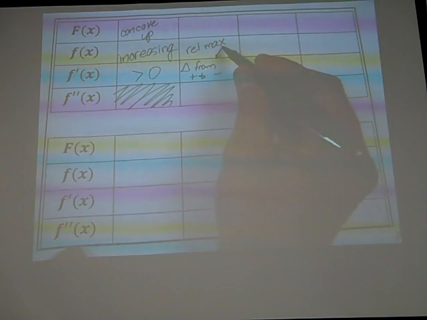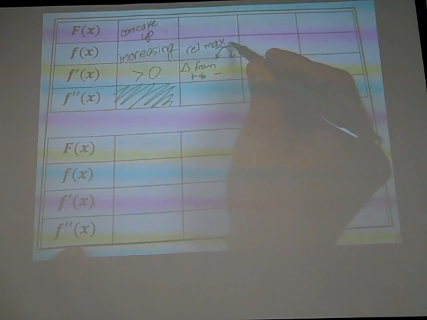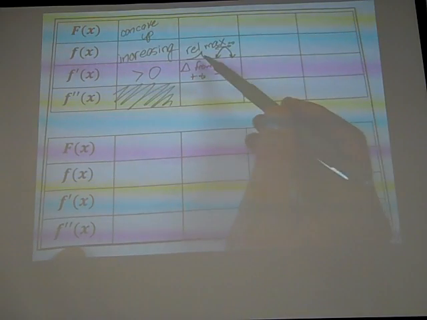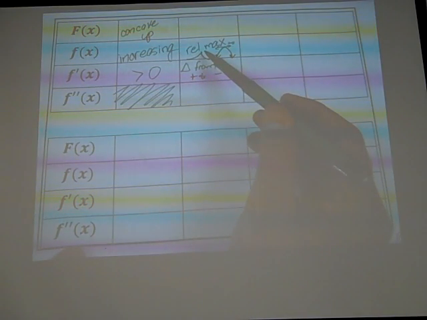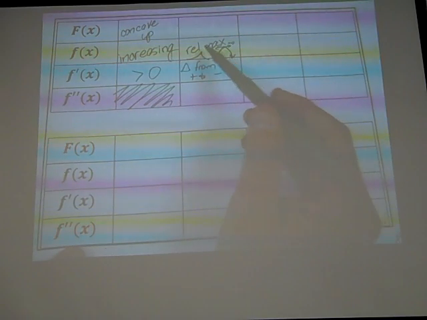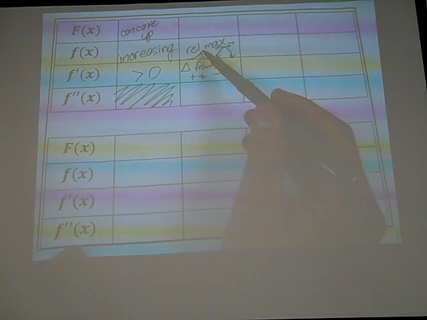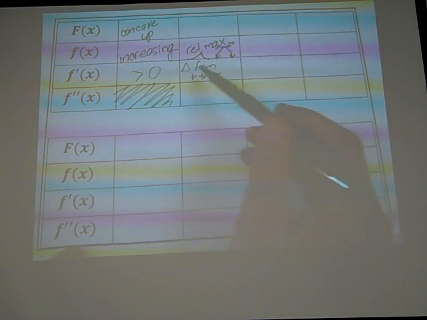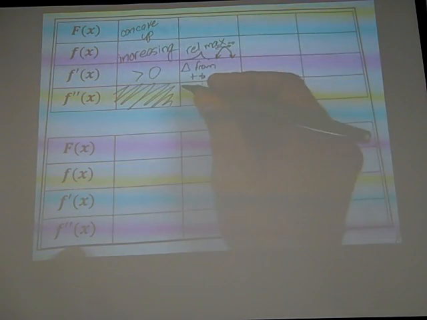Now, some people just like to say, oh, that means the derivative is equal to 0 there. It is also possible that when you have a cusp point, like that really sharp turn, that is also considered a relative max. Don't forget about that. And the derivative is not equal to 0 there. So, if we have a relative max, then the derivative changes from positive to negative.